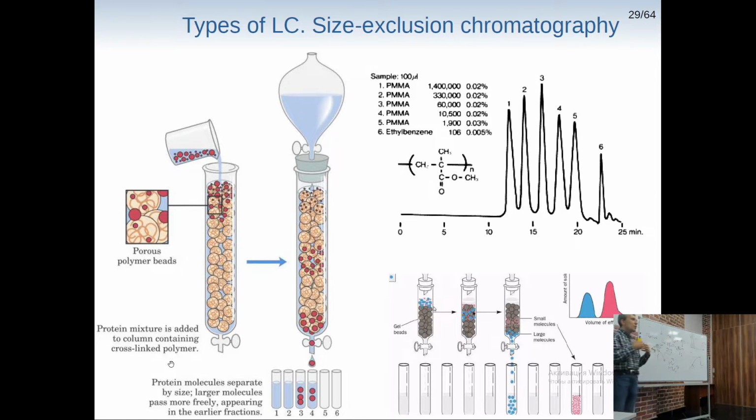But here we have diffusion, which is really fast at small volumes. And this diffusion forces our small particles to go into all possible pores here. And our big particles just can't get there, they're too big. And they will elute first. So that's what size exclusion chromatography actually is. No gradients, nothing, it's just a flow of your solution and time.